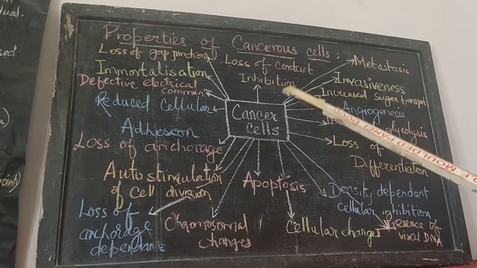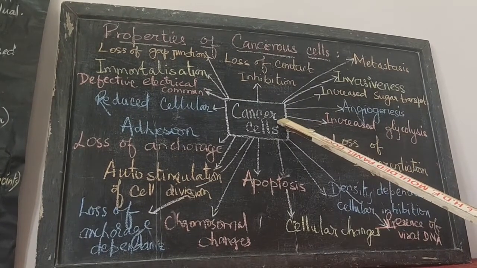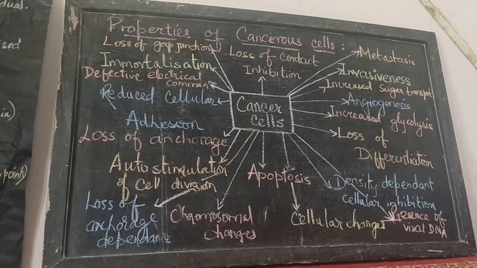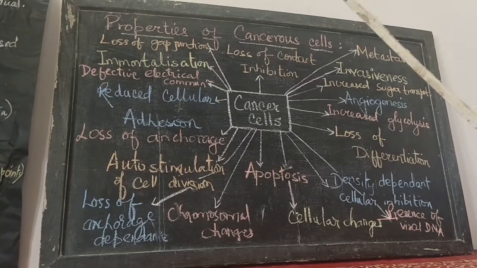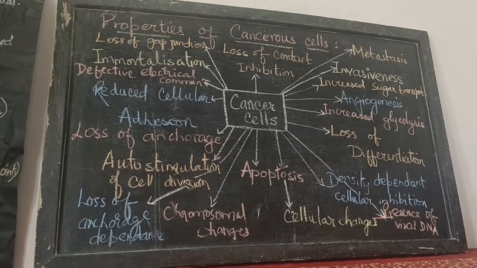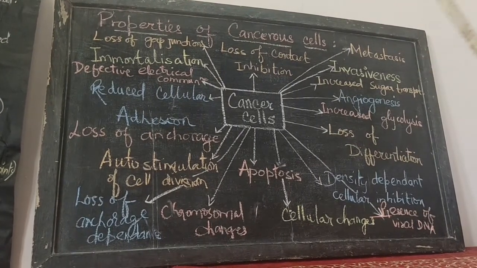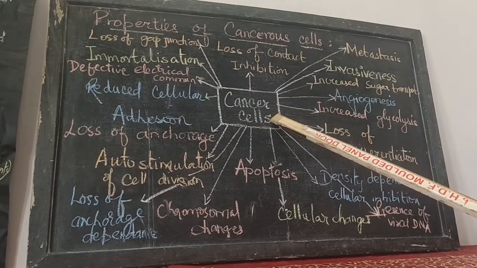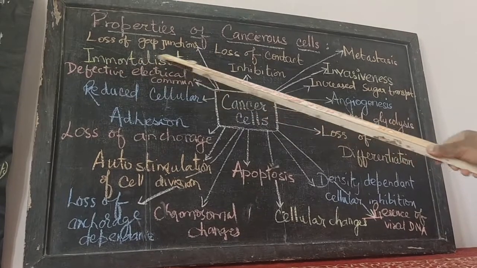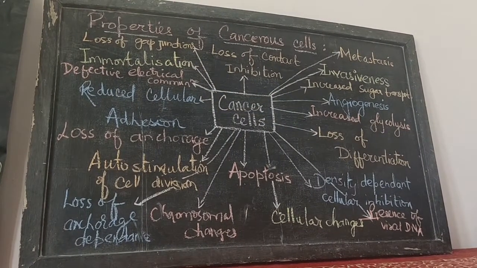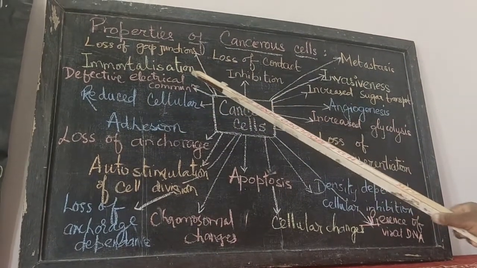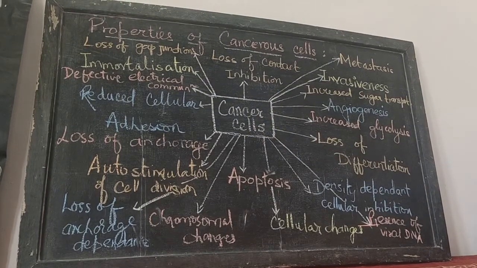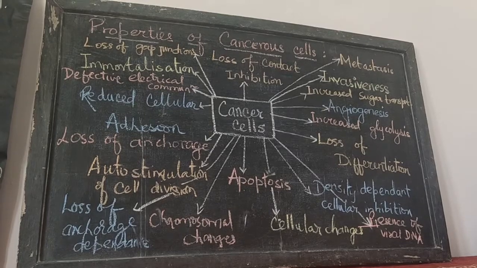But when we take the cancerous cells for culturing in the lab, they are going to divide even after 50 generations. This property is called the no death stage for the cancerous cells, also referred to as immortalization. So immortalization refers to no death for the cancerous cells. They live forever.